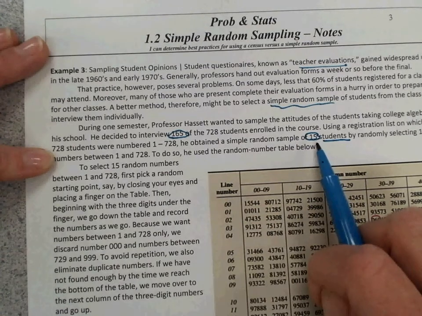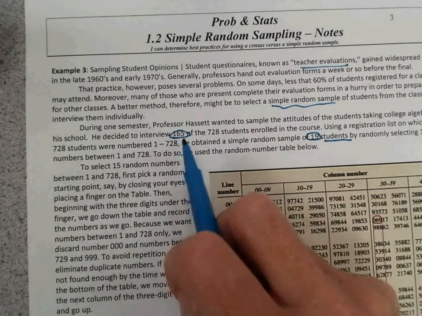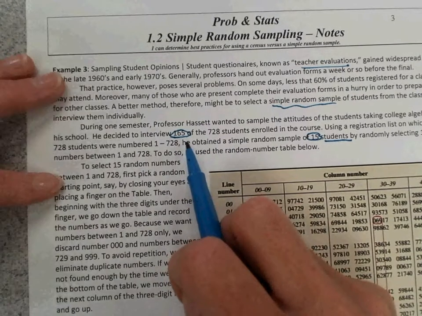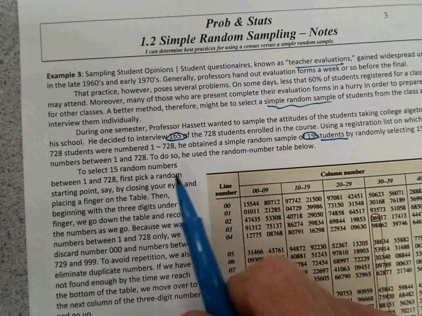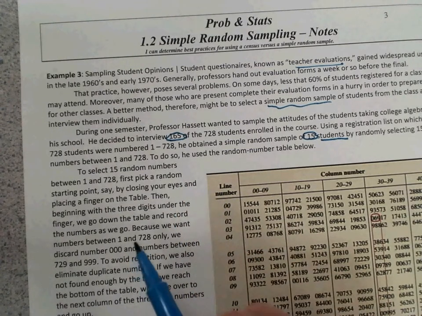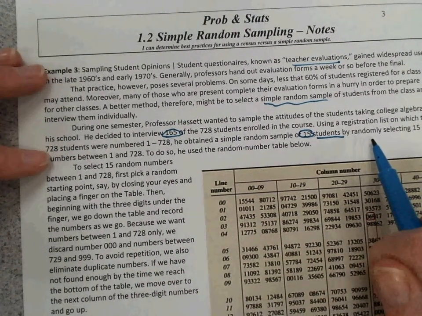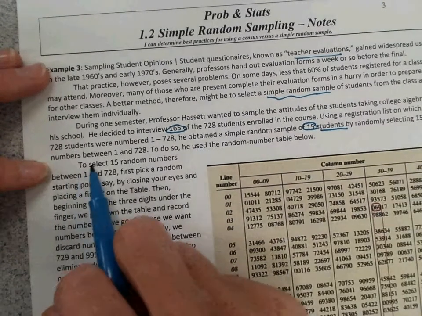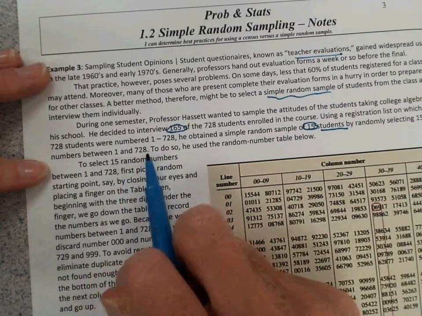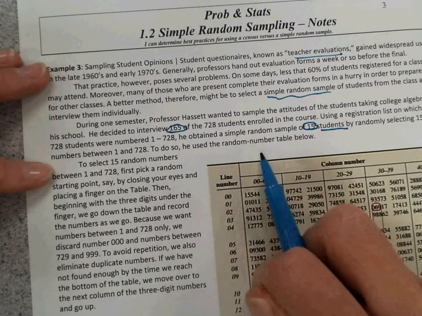You see how interviewing 15 students would be a sampling rather than a census, where we have 728 students total. So by randomly selecting 15 numbers between 1 and 728.